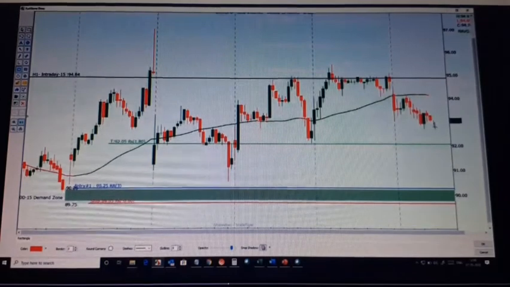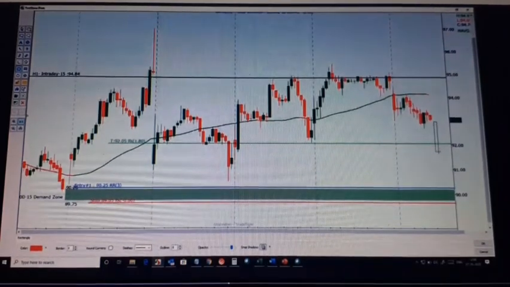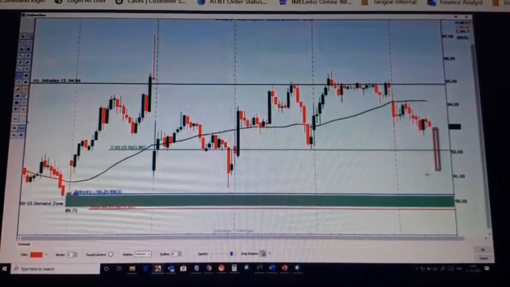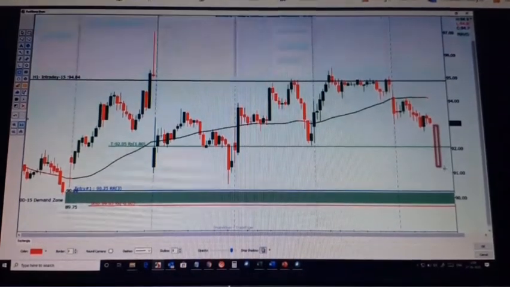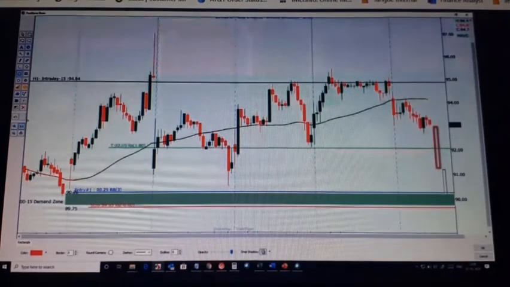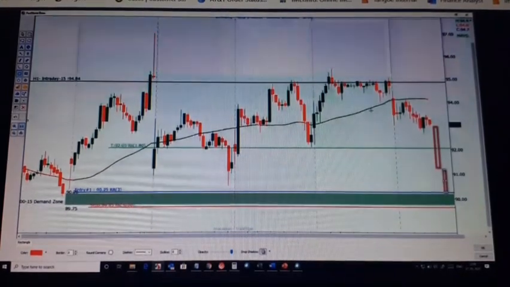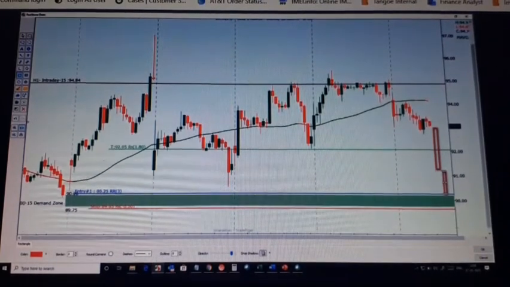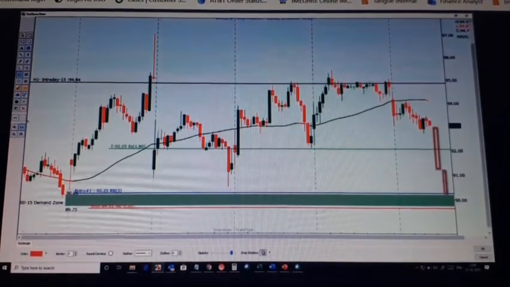Let's suppose that this is how my arrival is taking place. Now the guys who are taking proximal entry will be filled over here itself.